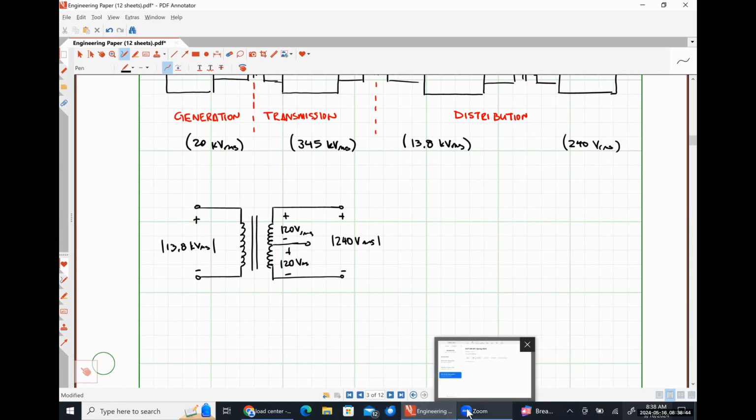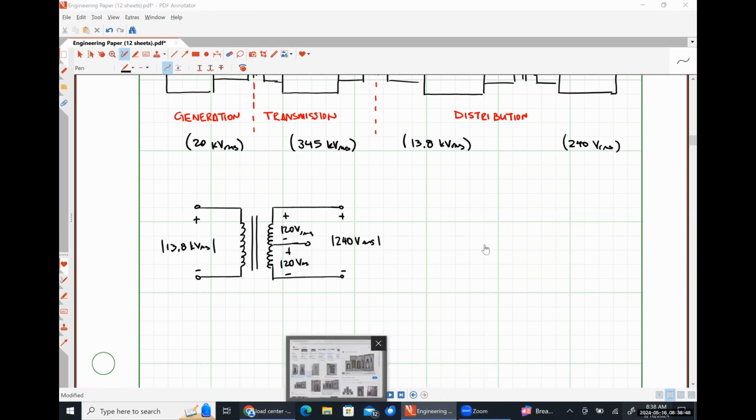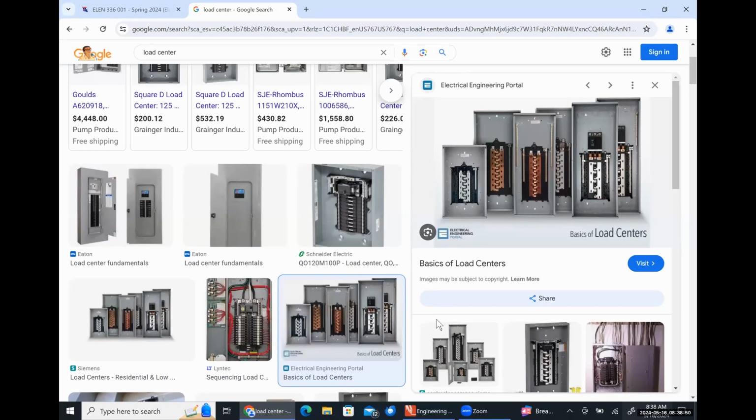So if we look at, I wish there was a better picture here, but effectively our breakers just clip in.